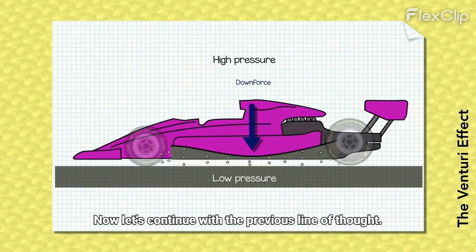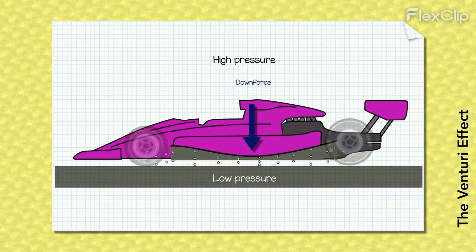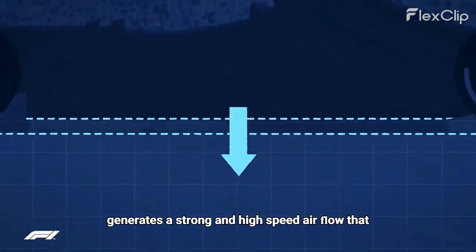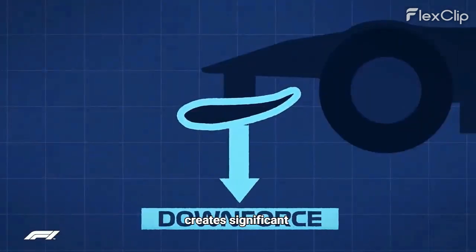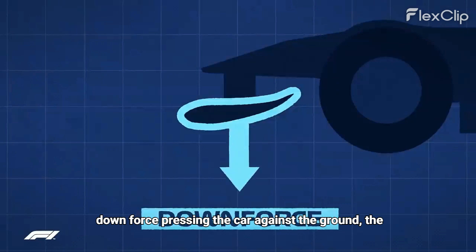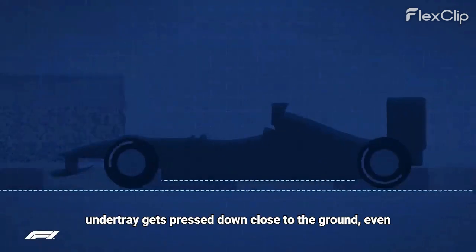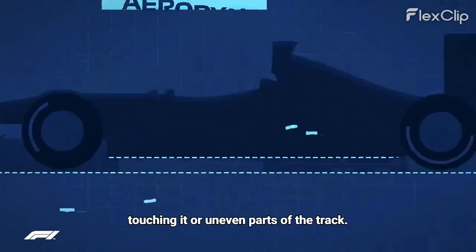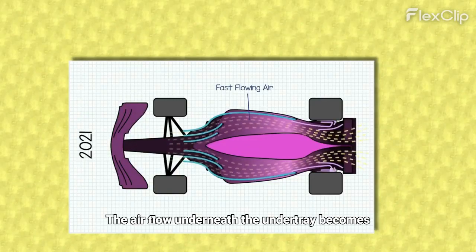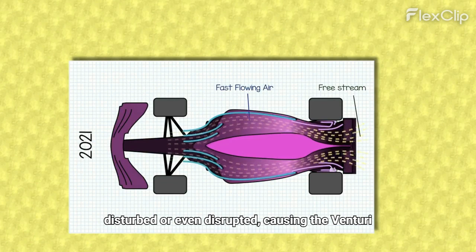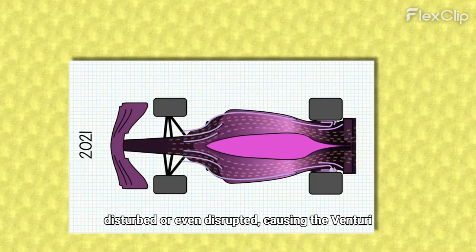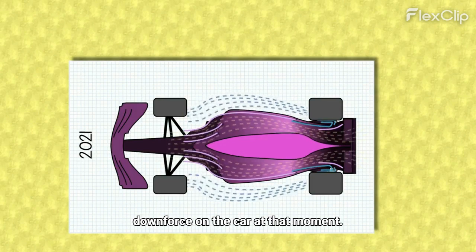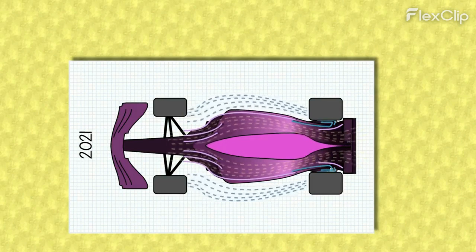Now, let's continue with the previous line of thought. When the car reaches a high enough speed, it generates a strong and high-speed airflow that creates significant downforce, pressing the car against the ground. The undertray gets pressed down close to the ground, even touching it or uneven parts of the track. The airflow underneath the undertray becomes disturbed or even disrupted, causing the Venturi effect to fail, resulting in a reduction of the downforce on the car at that moment.